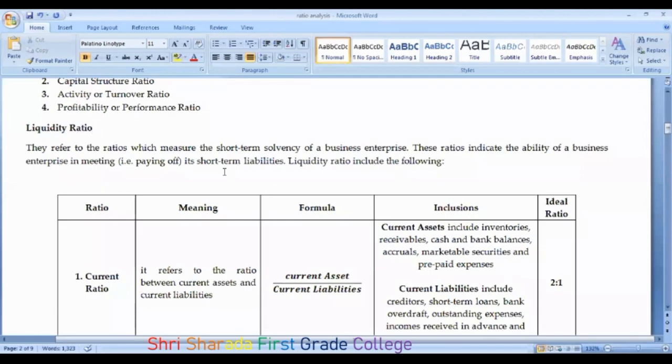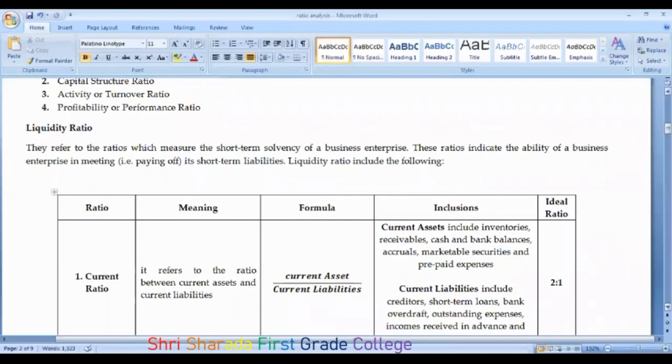Whenever a due arrives, how well can the company pay its debts, in terms of short-term solvency? If any debt arises, how well does the company meet its obligation to pay its debts as soon as it falls due? That will be studied in the liquidity ratio.